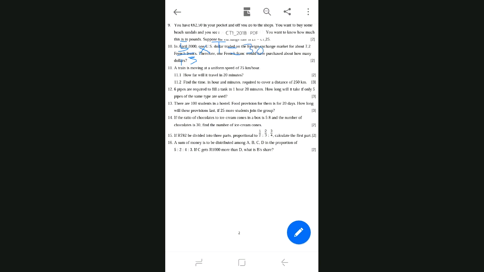So the total number of whatever is in the box will be 30 times 13 over 5.